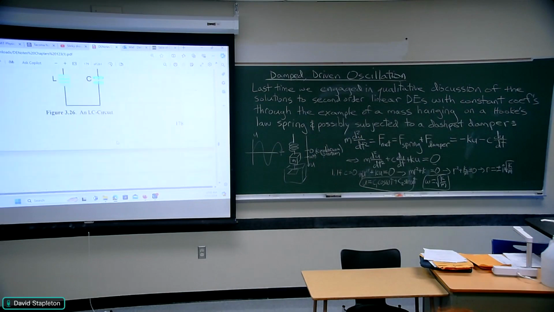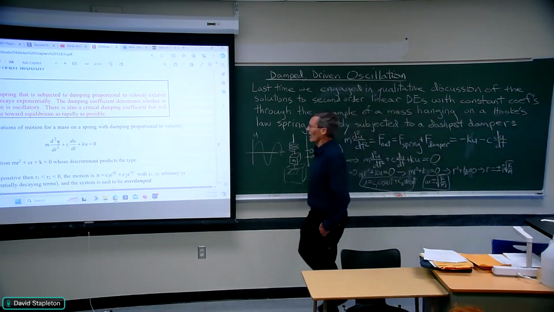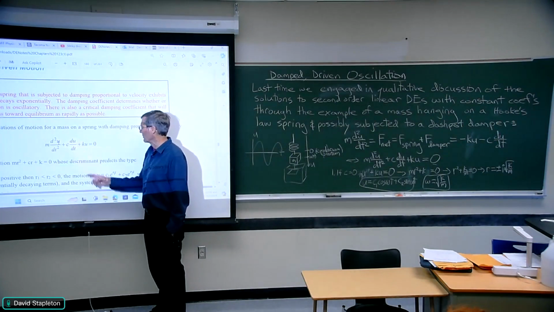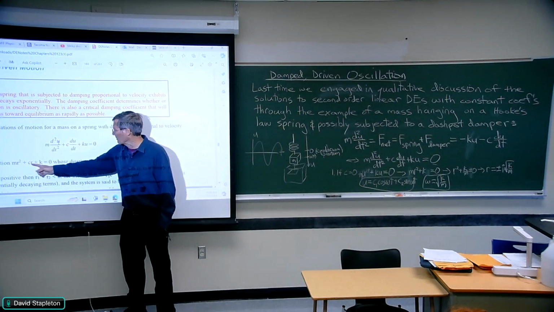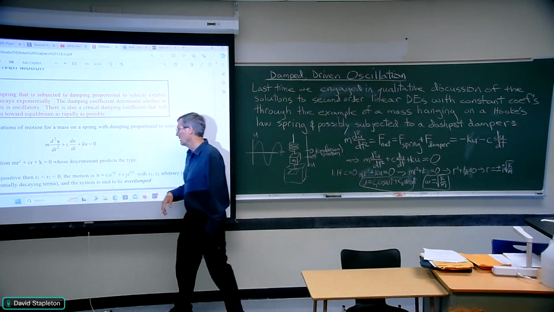All right, then the second one we did last time, not to do too much repeating, is the damped driven oscillator, and the damped oscillator, because we include this term and this one. Now we get a characteristic equation mr squared plus cr plus k equals 0, corresponding to this equation with constant coefficients.